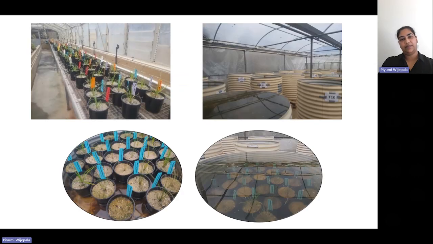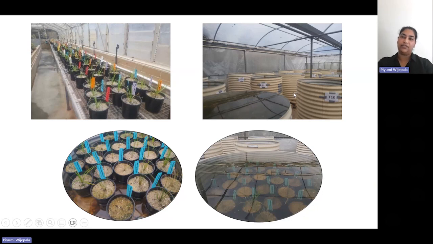This is how the experiment setup looked, and we conducted it at Burnley, University of Melbourne. After purchasing plants from a commercial nursery, we put them in pots and in a glass house to get established for 1 month. Then we transferred them to the treatment tanks. Each tank represents 1 treatment.